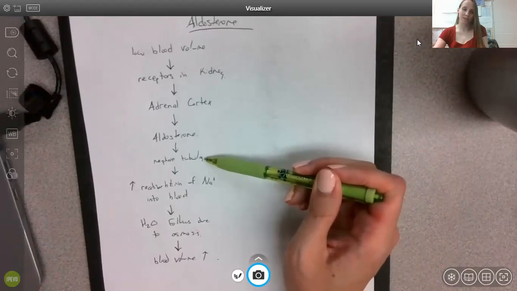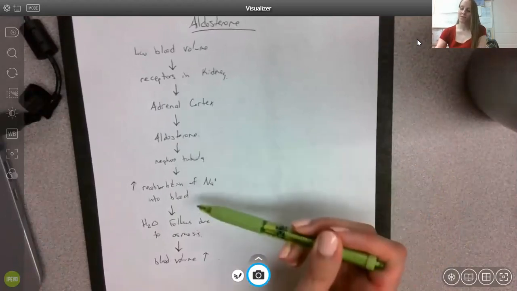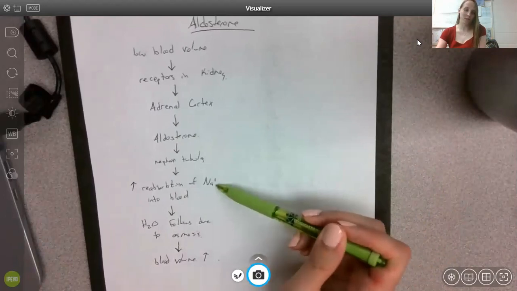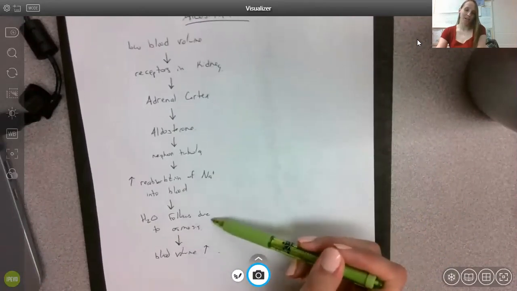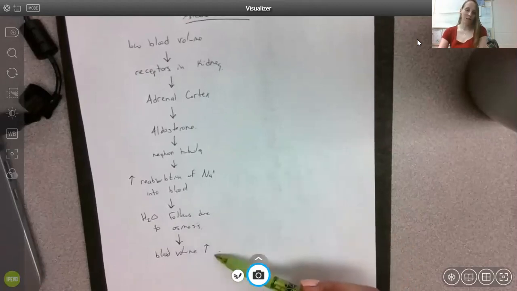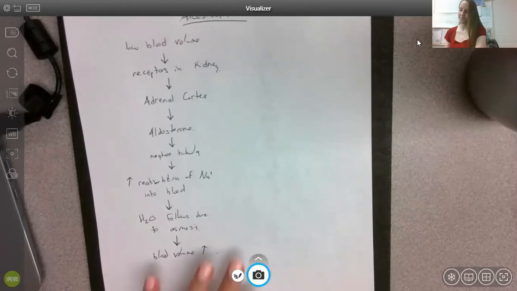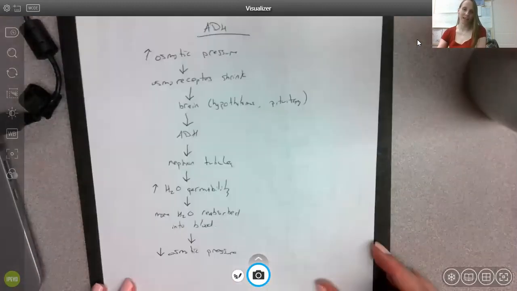It is going to cause them to become more permeable to sodium. So they're going to increase the reabsorption of sodium from the nephron back into the blood. Water is then going to follow because of osmosis. So water also leaves the kidney and goes back into the blood, and all of that works to increase the blood volume. Let's compare that to ADH.